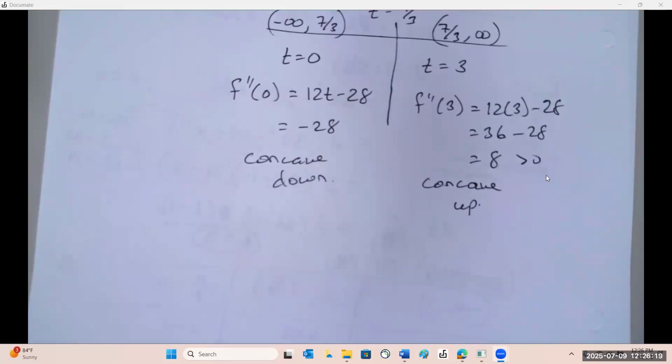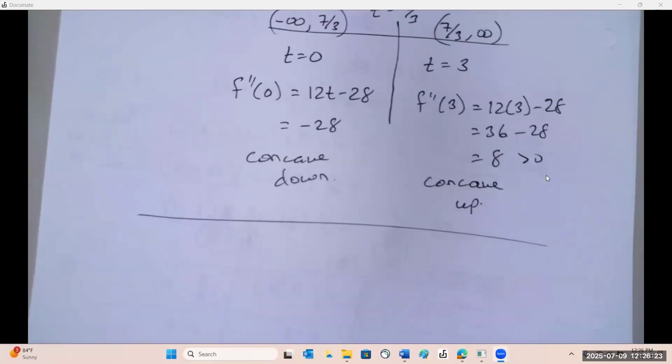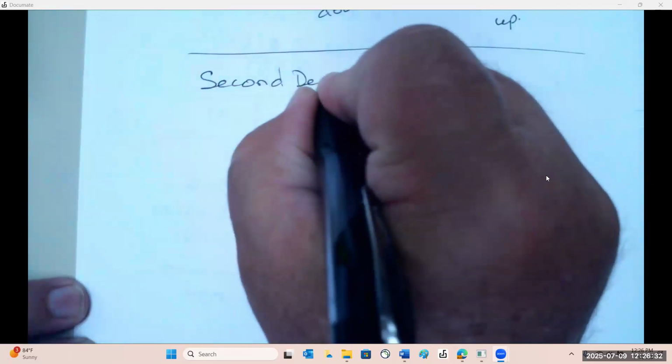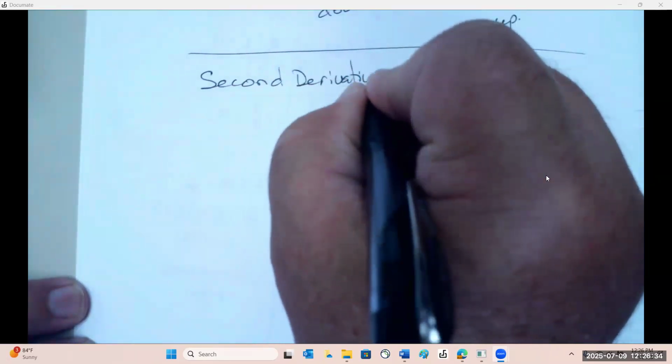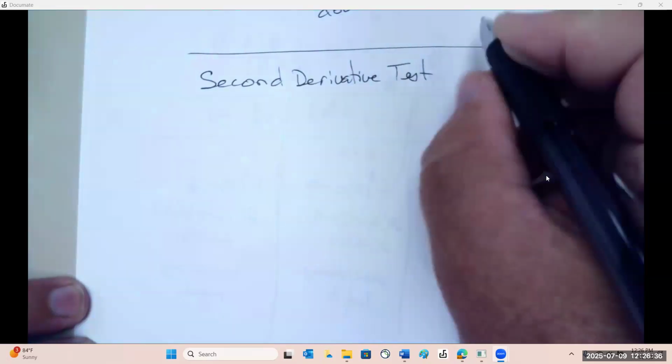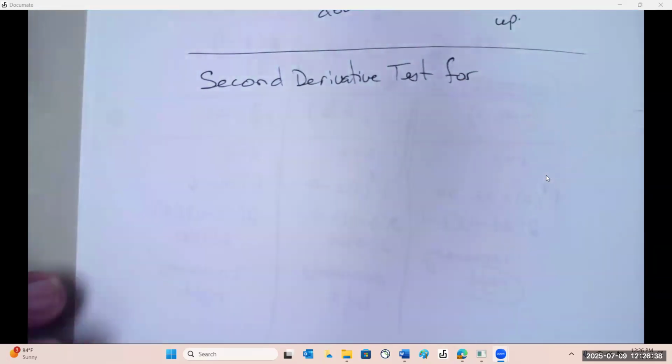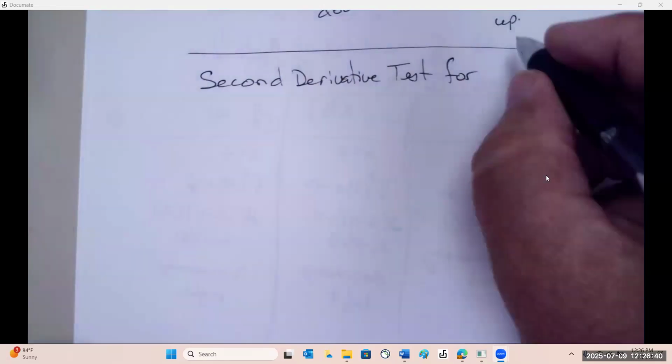Any questions so far? How we use the first and second derivatives? Can we use the second derivative test for local extrema?